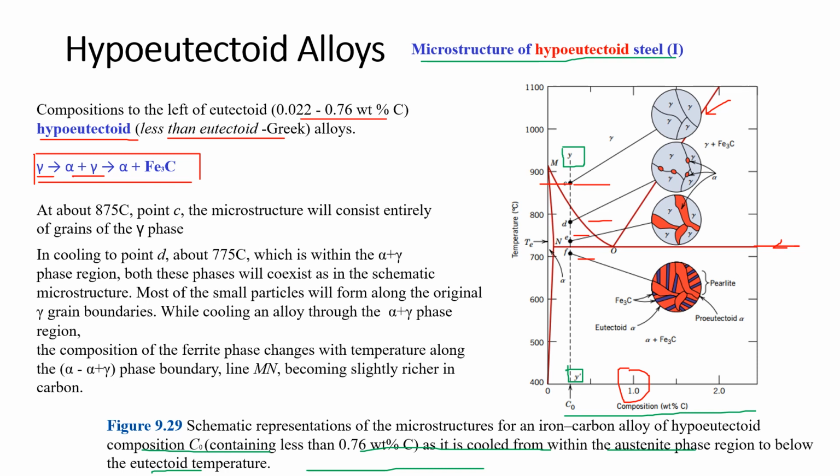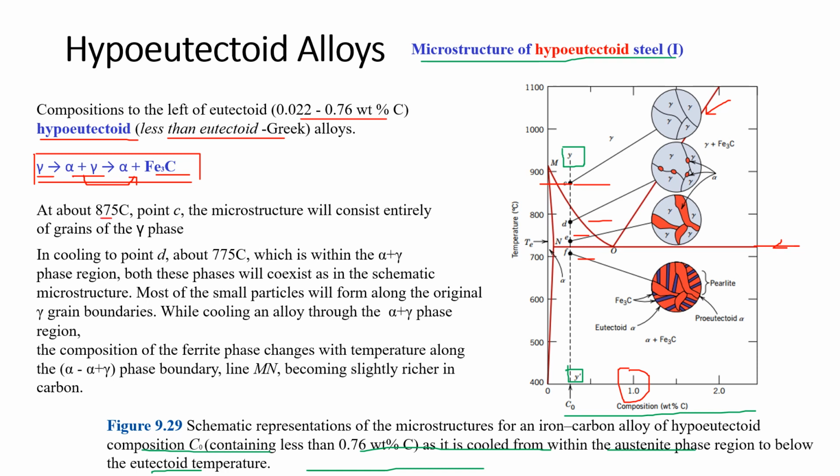When it is cooled down, the austenite first transforms into alpha ferrite plus austenite, and then on further cooling the reaction changes to alpha plus iron carbide. So two processes will occur. Now we will discuss it step by step.